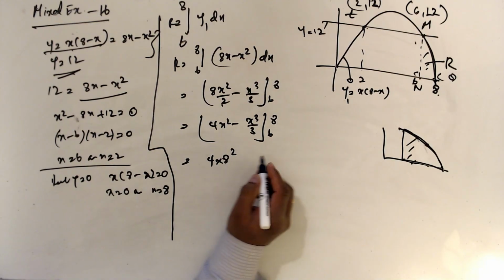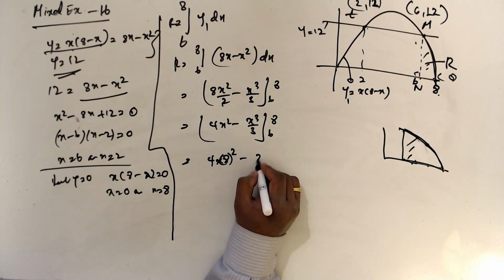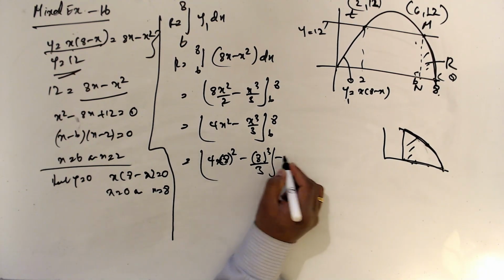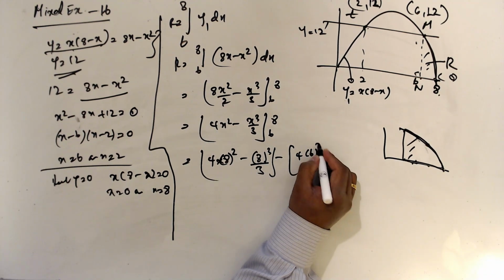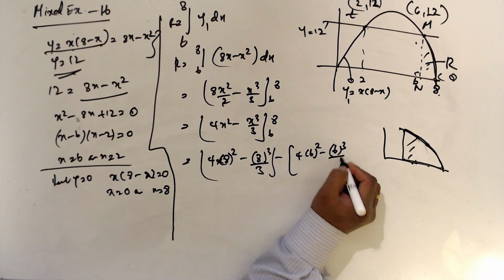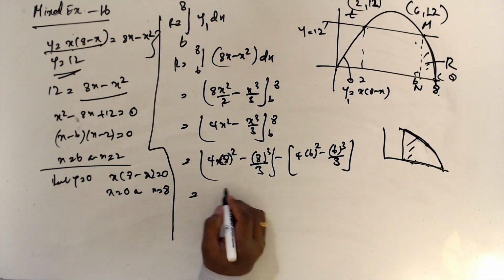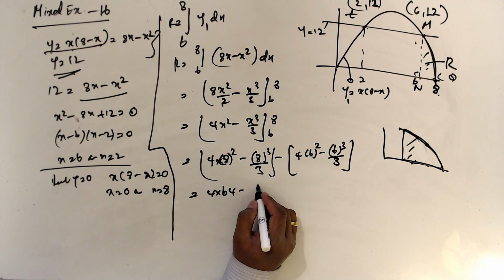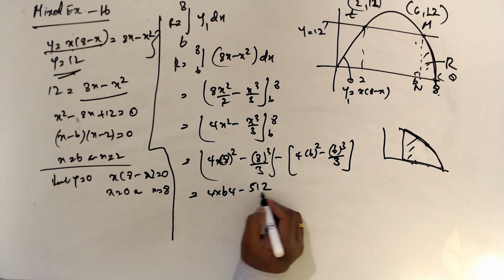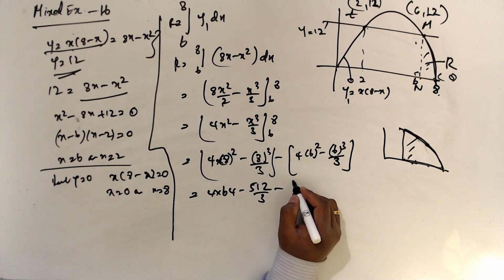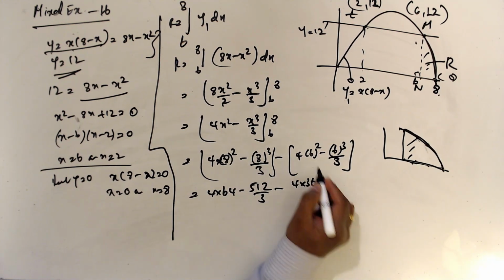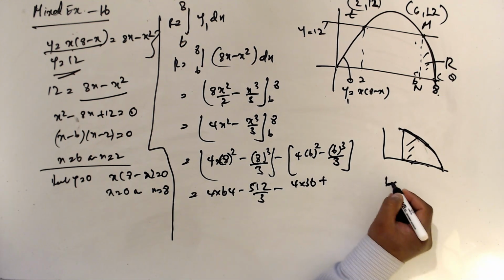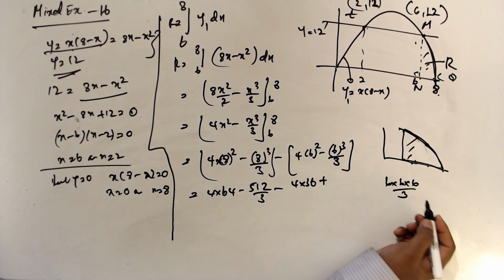So 4 times 8 square minus 8 cube over 3, minus 4 times 6 square minus 6 cube over 3. 4 times 64 minus 512 over 3, minus 4 times 36 plus 6 times 6 times 6 divided by 3.